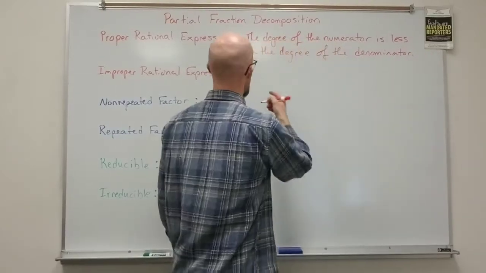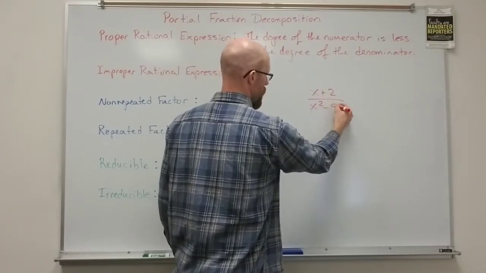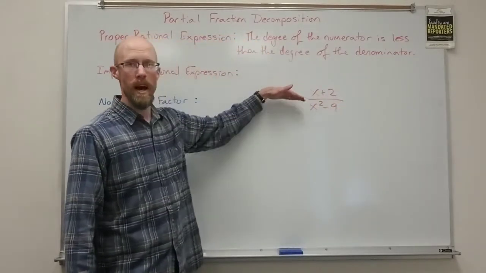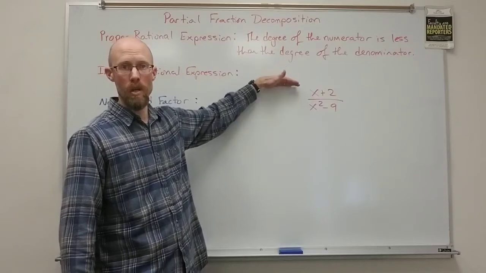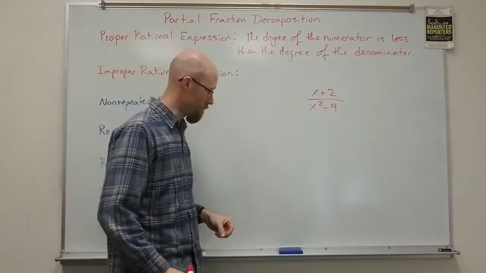You might have something like (x+2)/(x²-9). I have degree 1 on top, degree 2 on the bottom. As long as the degree on top is smaller than the degree on the bottom, it's a proper rational expression.